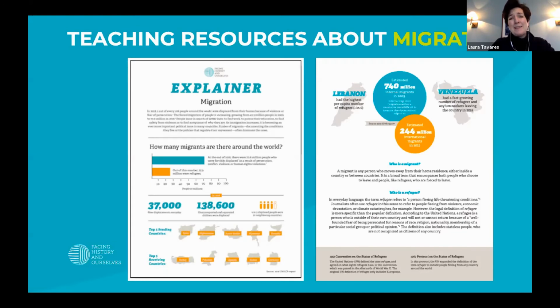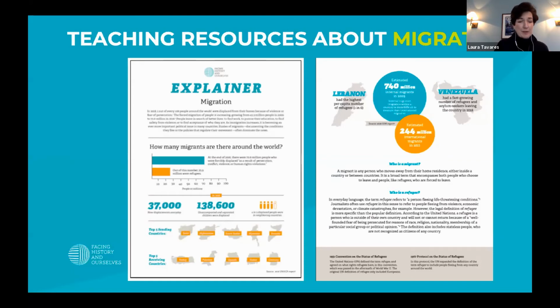It gives students or other learners a shared vocabulary, some shared information and data that will help you to both understand stories that you're reading in the news and also have better and more informed conversations about them.